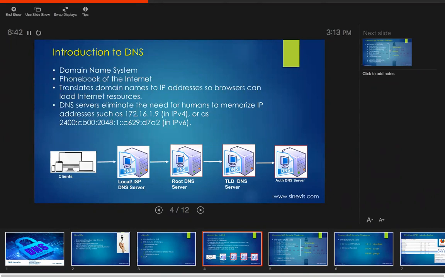Resolving an A record gives an IPv4 address, and if we are trying to resolve a quad A record, it gives an IPv6 address. That's the major difference. But at a high level, this is how DNS works. Any questions here? Any feedback or any comments? If not, we can move to the next slide.